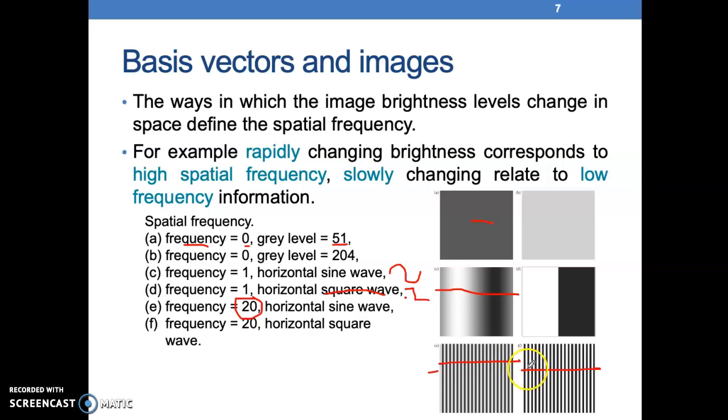The change from white to black is considered one frequency, and another one frequency, so the total is 20. But this one is a square wave, which means it is white and black. This is white. This is black.